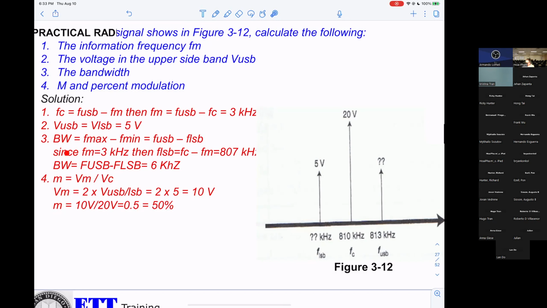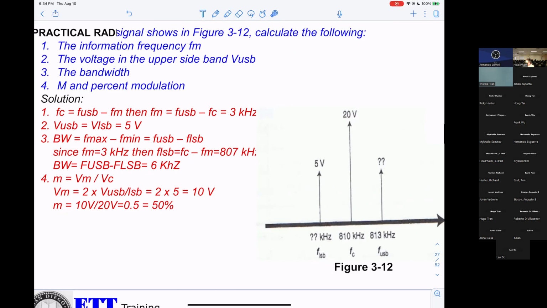Since FM is 3 kilohertz, then F lower sideband equals FC minus FM, equal to 807 kilohertz. Bandwidth equals F upper sideband minus F lower sideband. You get 6 kilohertz: 3 kilohertz here, 3 kilohertz here. So that will be the bandwidth.